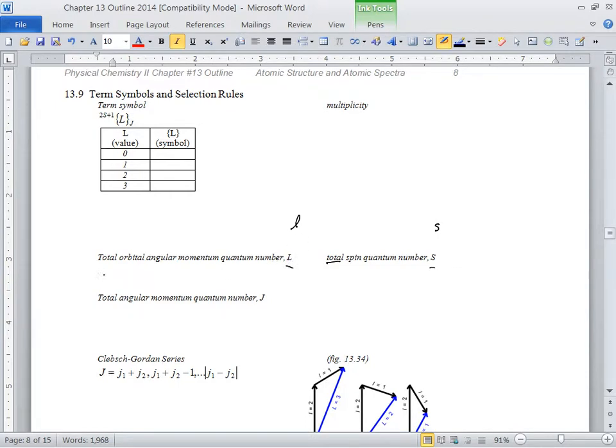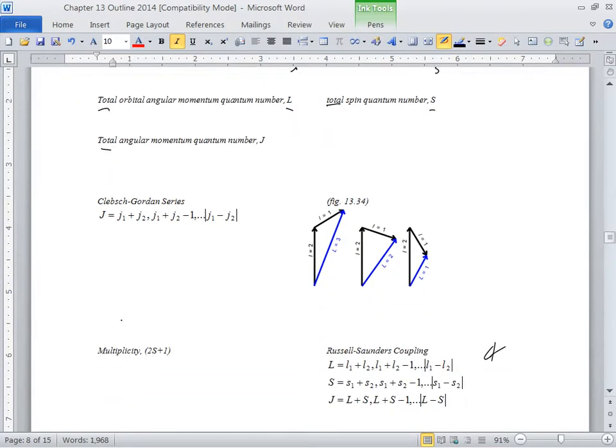Big L, total orbital angular momentum quantum number. Big J, total angular momentum quantum number. Little j, angular momentum quantum number. I would still call it total though, but you have to sum to get it. It is confusing. That's a good test question. Can't put the easy stuff on there.